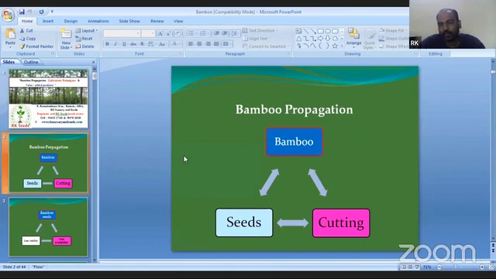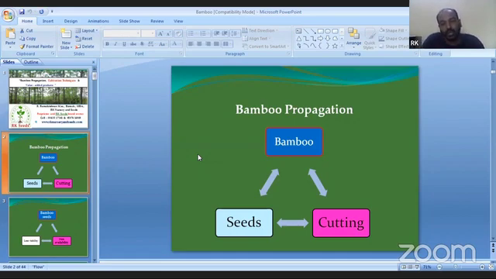Bamboo propagation. Generally, bamboo is unique. Why? Because once bamboo starts flowering, it takes a minimum of 60 to 120 years. Once the seed flowering and seed bearing are done, the plant completely dries. This is the nature of the bamboo species.